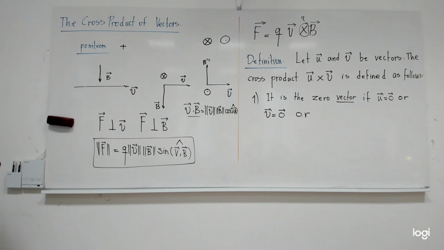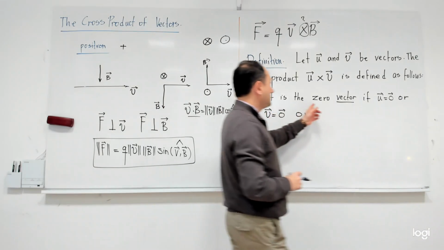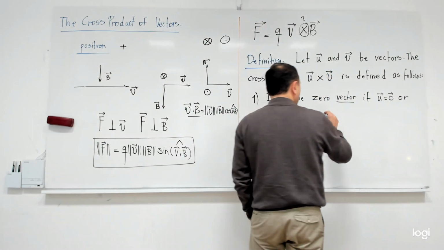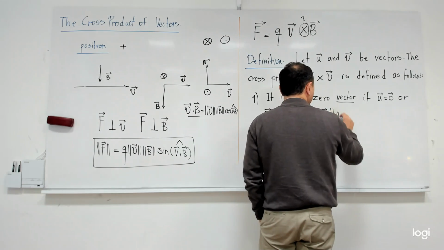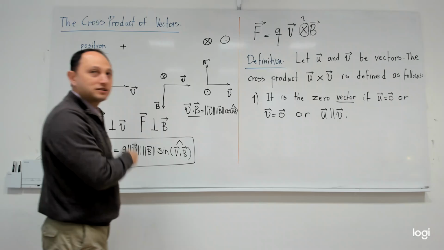That person had a magnet in hand, but oriented in a way that there were no deviation. Do you remember in the video what was that? It was parallel. Parallel, yes. That's exactly the case. So it is the zero vector if U is 0 or V is 0 or U is parallel to V. So you see that everything is more or less forced upon us by that experiment.